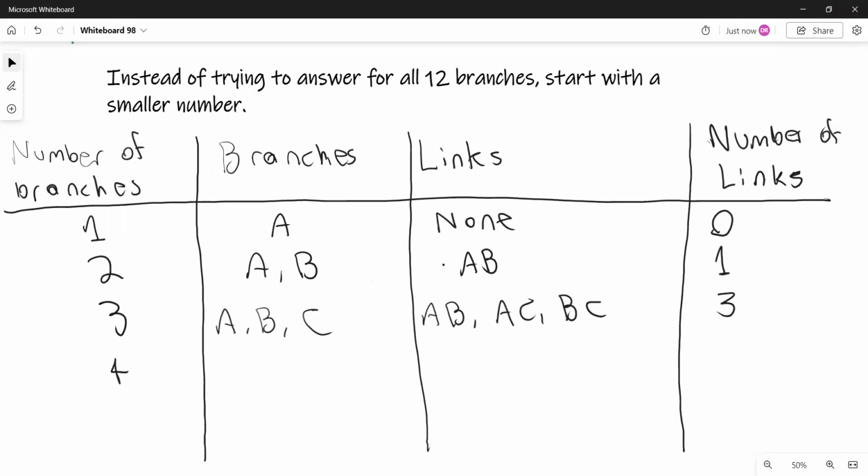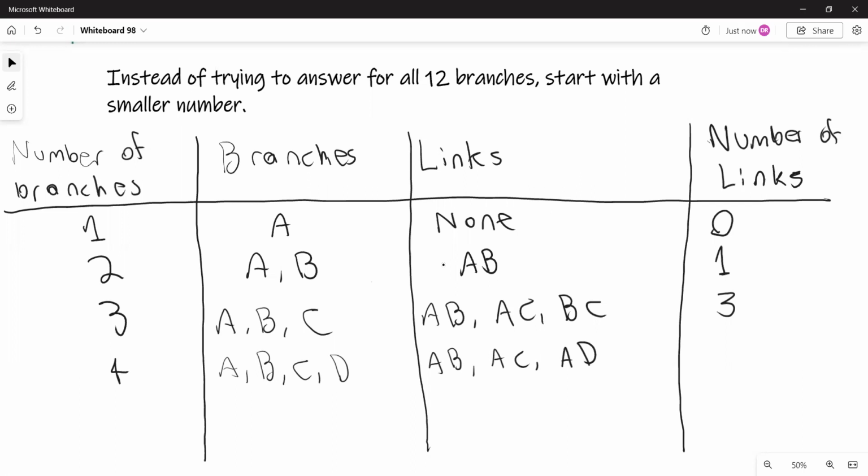Number 4. So still the pattern isn't clear. Let's do another one, or let's increase it to 4. The links are now AB, AC, and AD. Then AB is the same as BA.